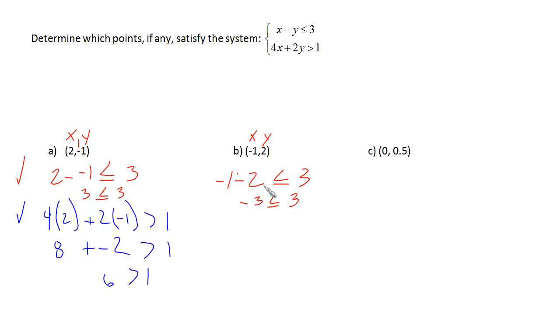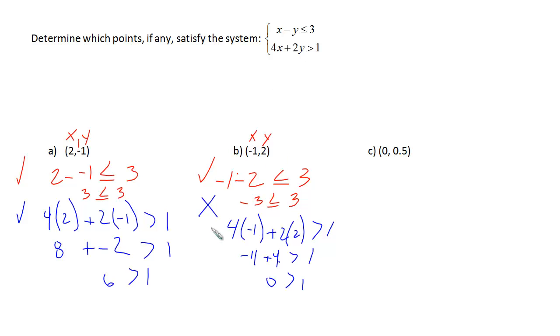That is less than or equal to 3, so that one checks. 4 times -1 plus 2 times 2, greater than 1. That's -4 plus 4, greater than 1. -4 plus 4 is 0. That is not greater than 1, so this one does not work. So this -1, 2 is not within the overlapping region. So this one does not check.